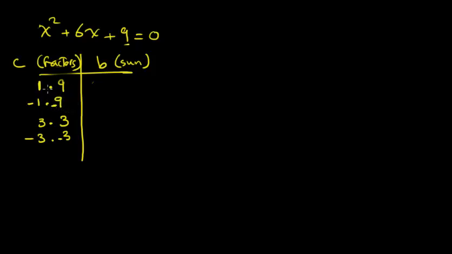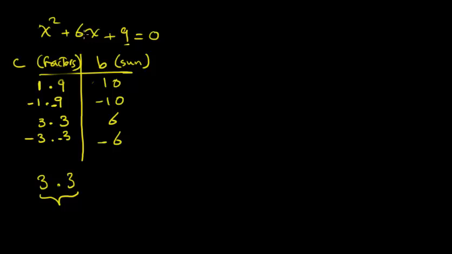So we add these up, and we'll get 10, minus 10, 6, minus 6. So 3 and 3 are two factors that if multiplied give us 9. If they are added up, they give us 6.